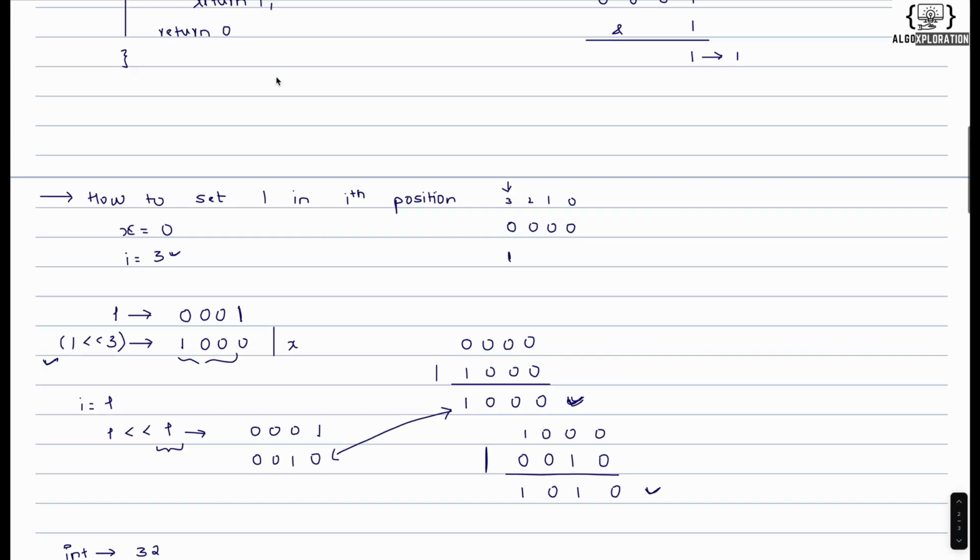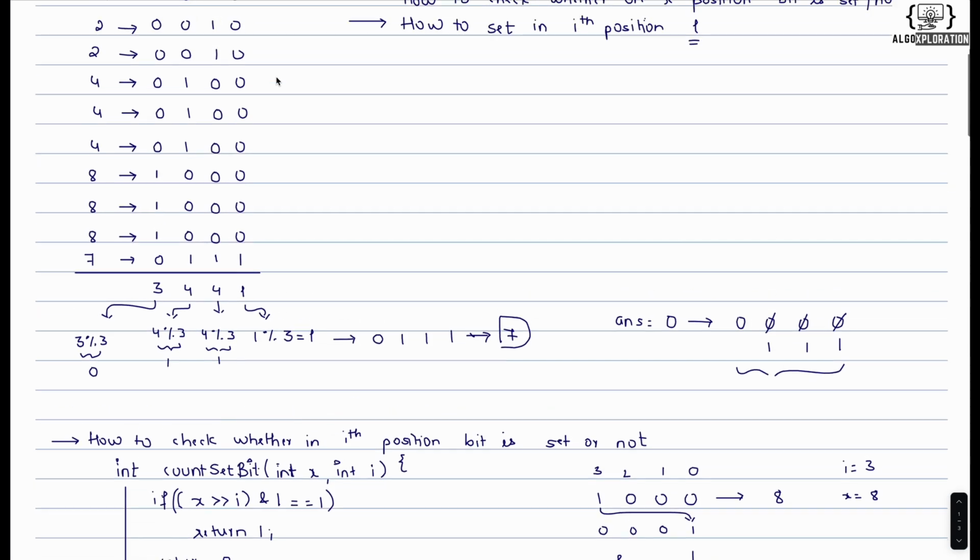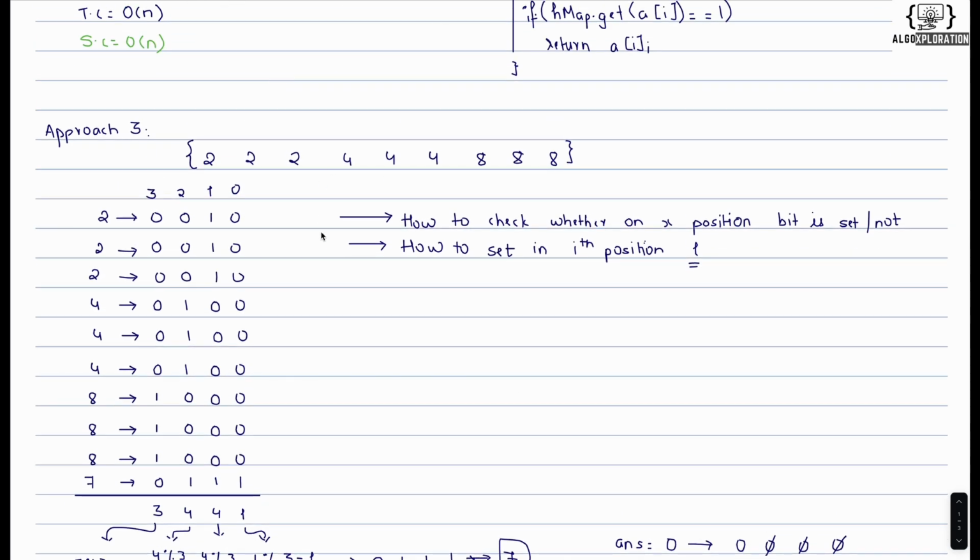Now the thing is that since we are dealing with integer values, the number of bits in the integer data format is 32. Here, for simplicity, I have taken 4 bits all the time, but actually in the computer there will be 32 bits in total.